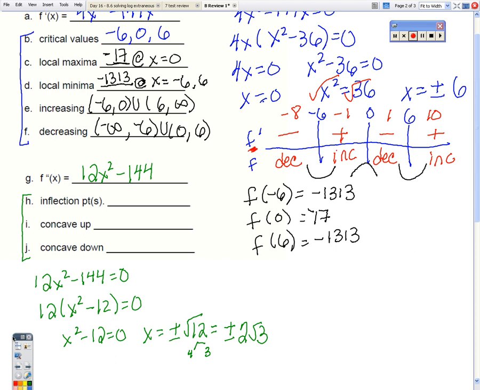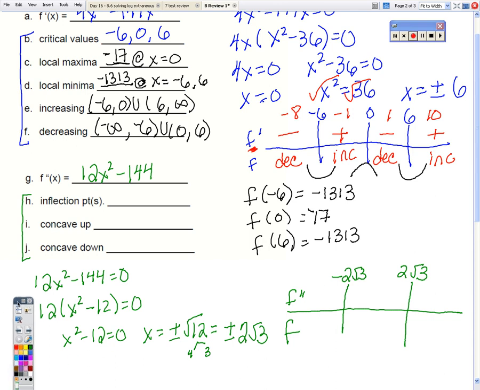So now I'm going to make a chart just like we did for the first derivative, but with the second derivative. I'll get negative 2 root 3 to test, and positive 2 root 3. So when I plug a value that is less than negative 2 root 3, let's choose negative 20, into the second derivative, I get a positive value.